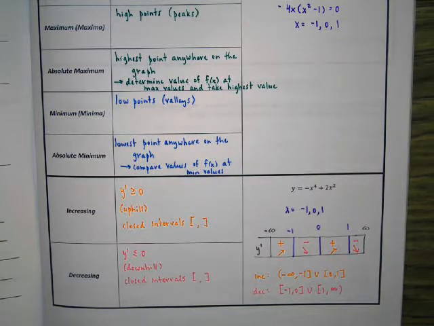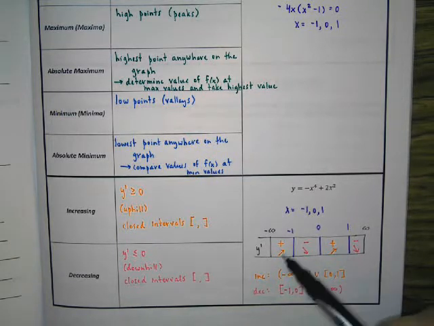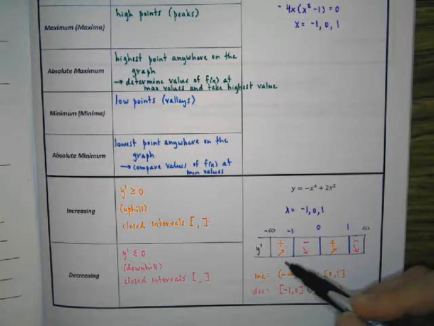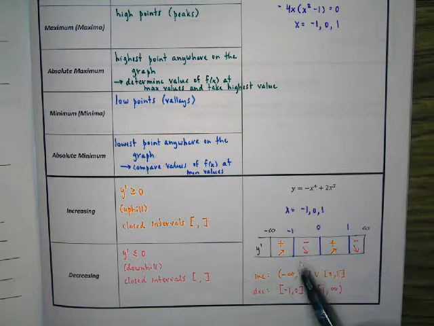So now we know we're increasing or decreasing, and this is really the key to determining where our max and min values are. So if I think about what this information means, remember this information about y prime is giving me information about the function.